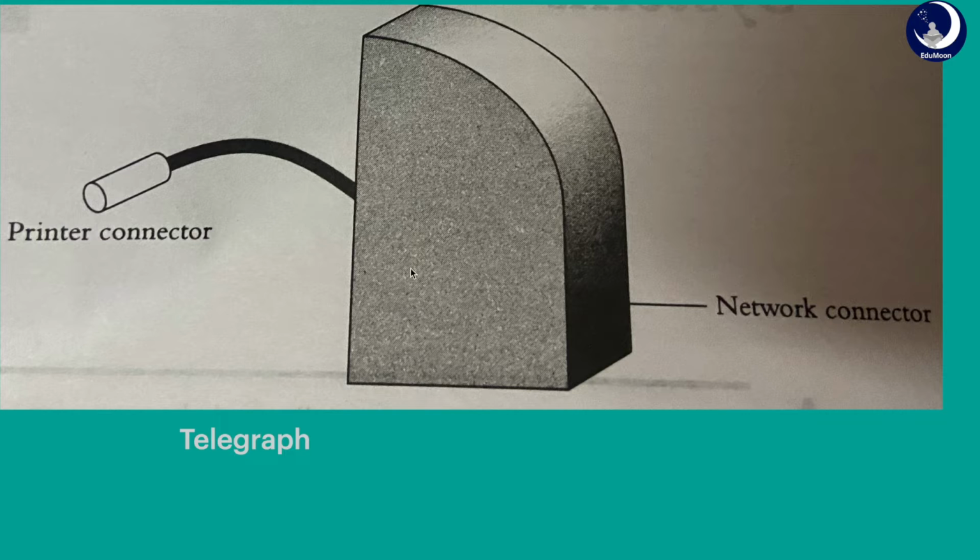So on the left side, it plugs into the serial port on the printer, and the network connector on the other side plugs into the network. So obviously a telegraph must receive data from the network, and it should copy it onto the serial port. However, it is not very easy, because a telegraph is somewhat more complicated than what we are thinking.